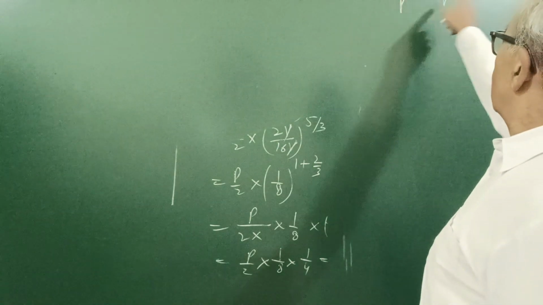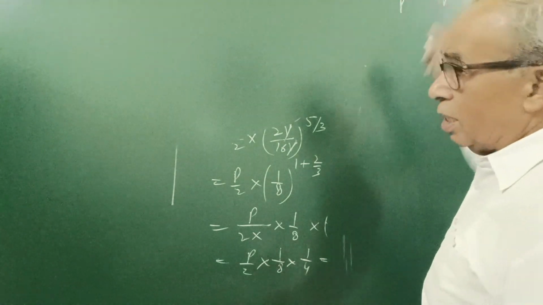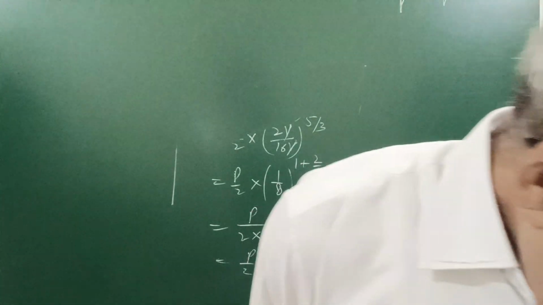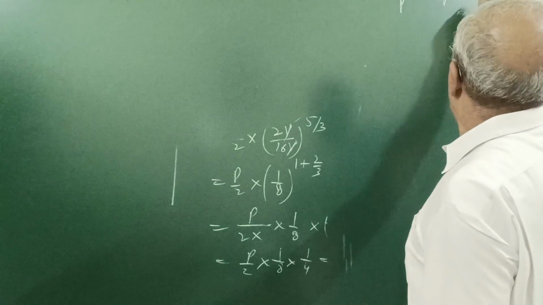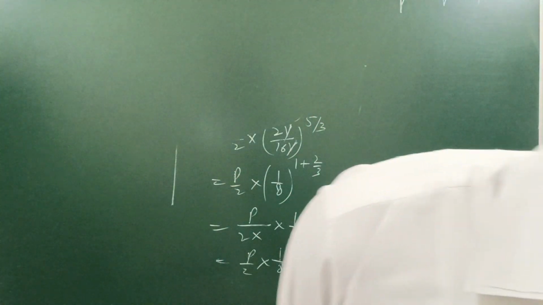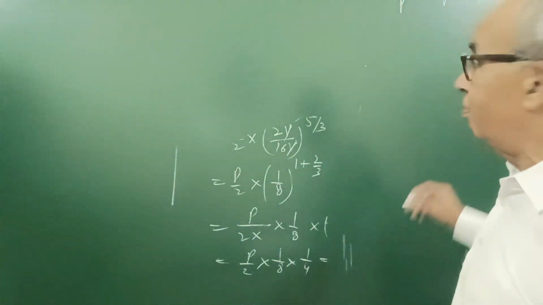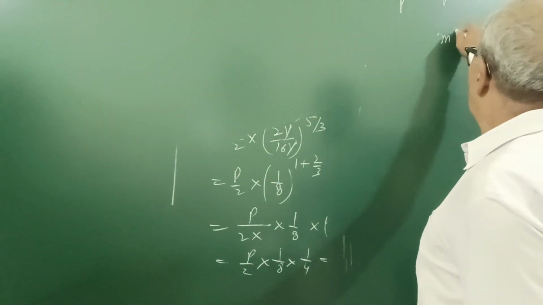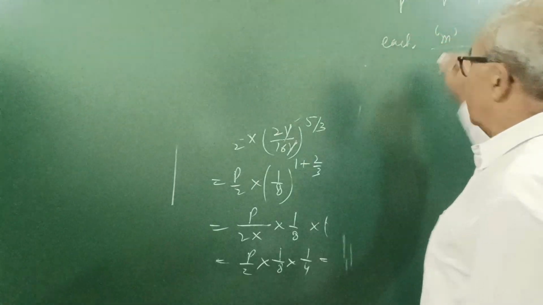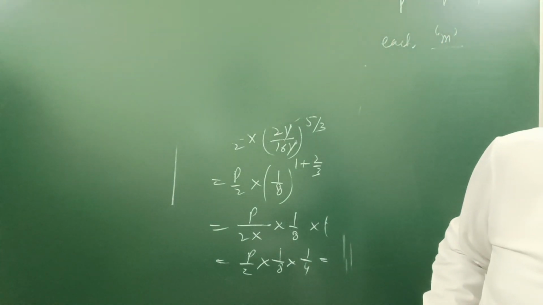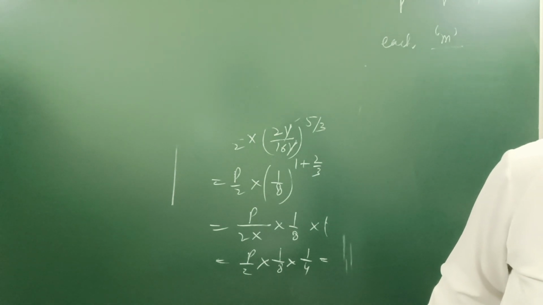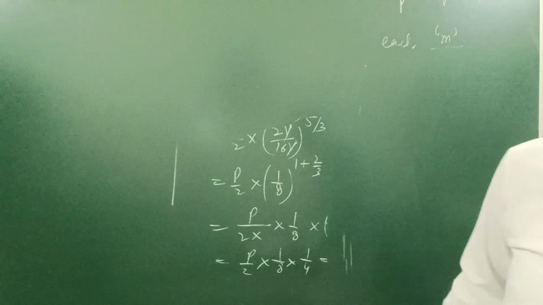So a given mass of gas is at pressure P and has volume V and temperature T. The mass of each molecule is small m. Which of the following gives the density of gas?